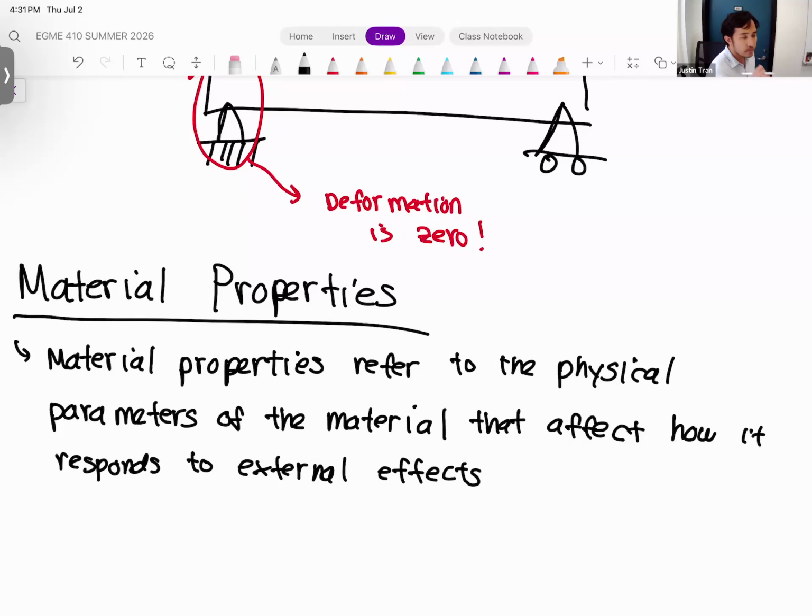Every material out there has its own set of properties, and those properties are going to affect its response. Intuitively, we kind of understand this.